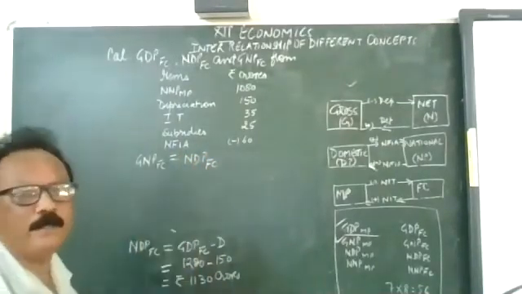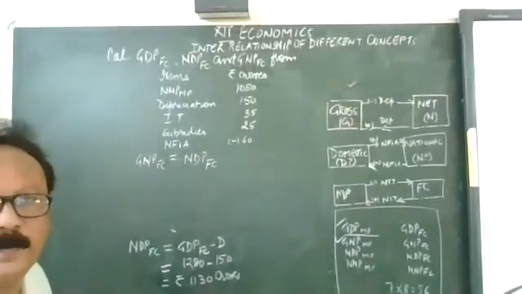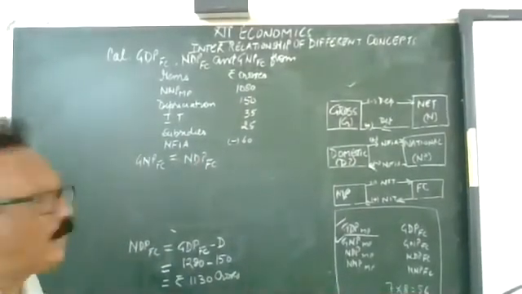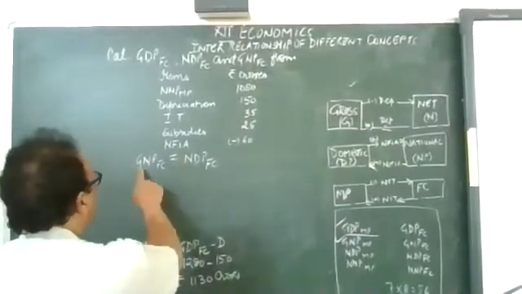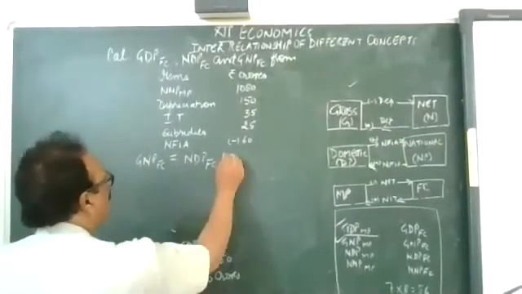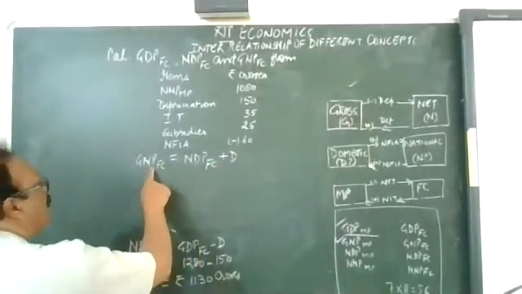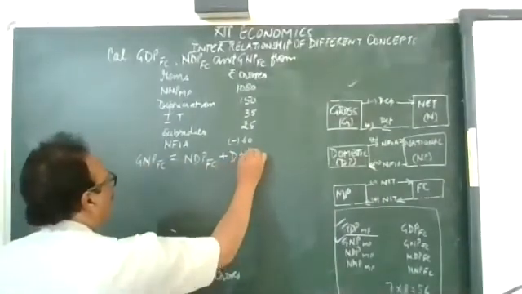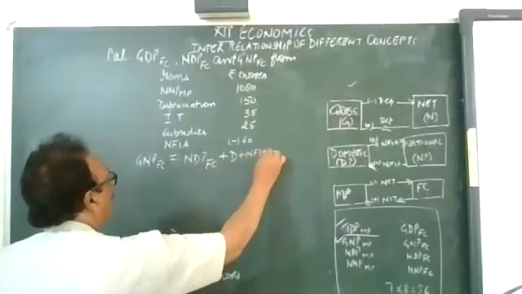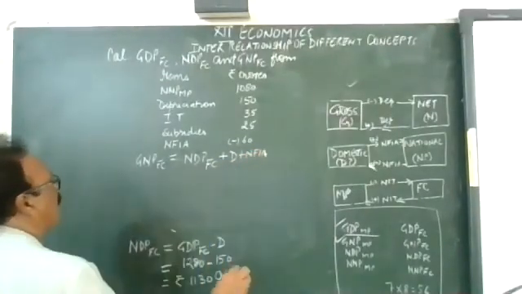Complete the formula. Net to gross, add depreciation. Domestic to national, add net factor income from abroad. Okay, the rest is the same.